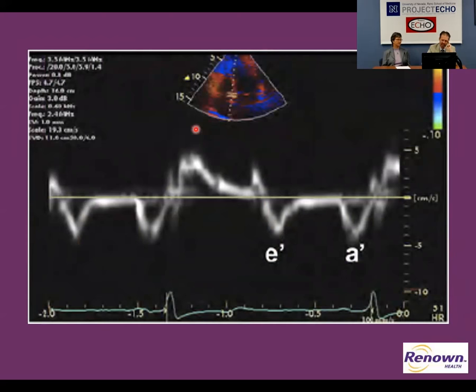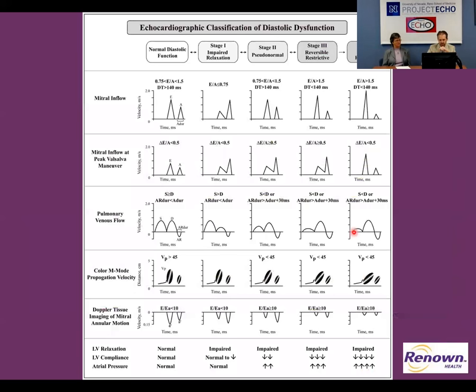The alternative means of measuring diastolic dysfunction is to look at a tissue Doppler of the left ventricle. So as the left ventricle opens and relaxes, that will cause an E prime, which is the relaxation of the left ventricle during early filling, and an A prime during late filling. So there's a tremendous amount of ways to measure diastolic filling.